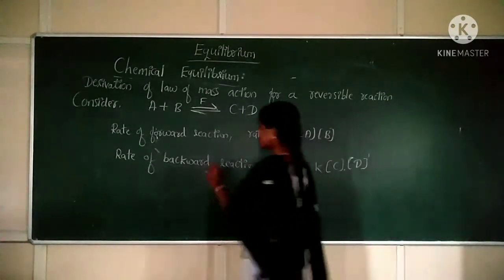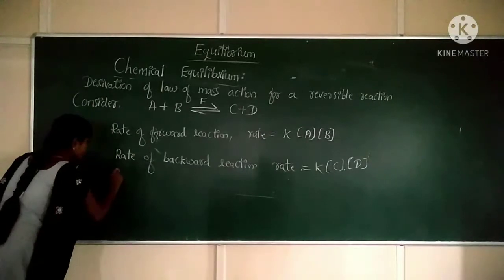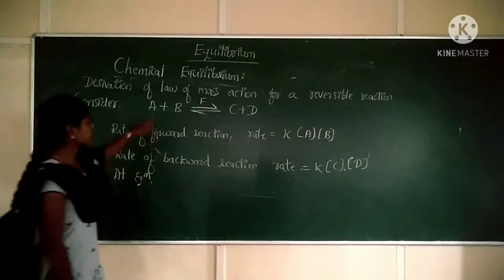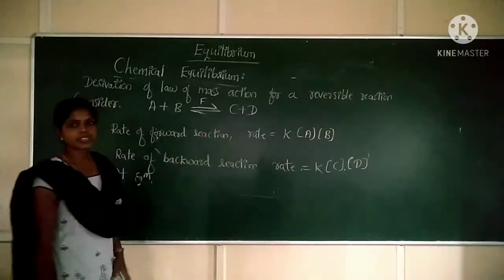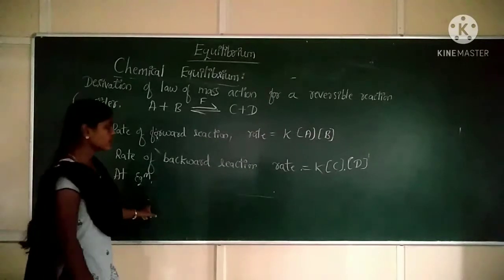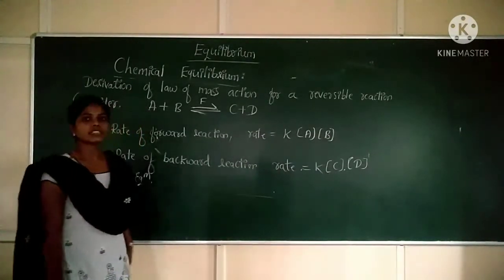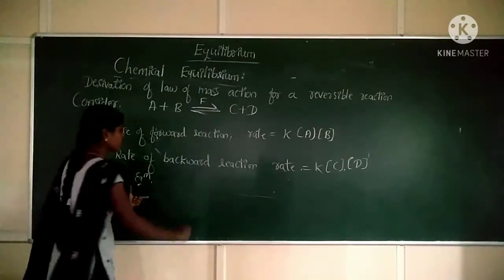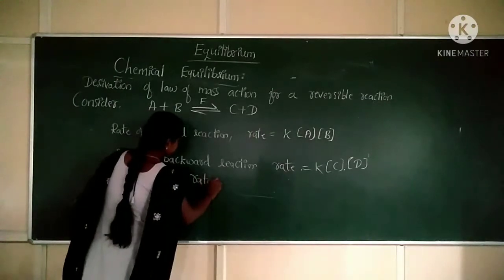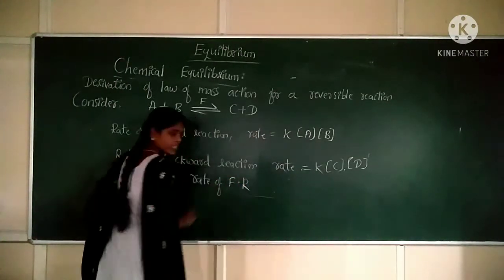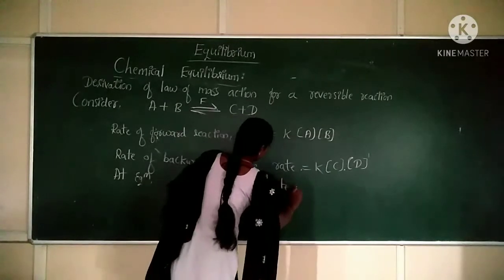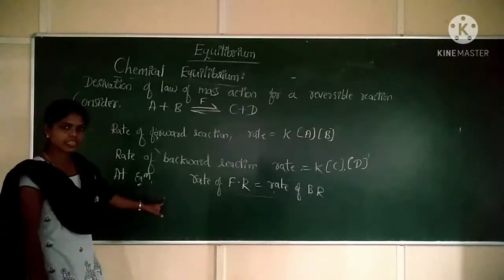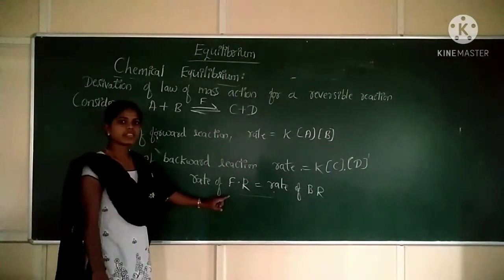Correct? What is equilibrium? Equilibrium is a state of a chemical system where the rate of the forward reaction becomes equal to the rate of the backward reaction, and the concentrations of reactants and products remain constant.